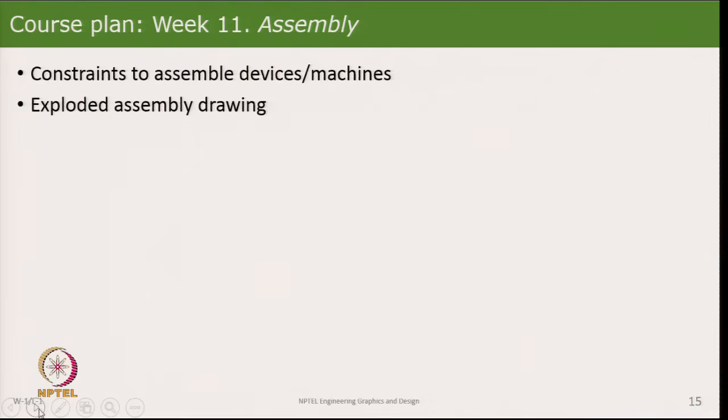In the next week, we will be in a position that we have made lots of parts and now we assemble them. How do I put them together? Now, this is only the drawing part of it.